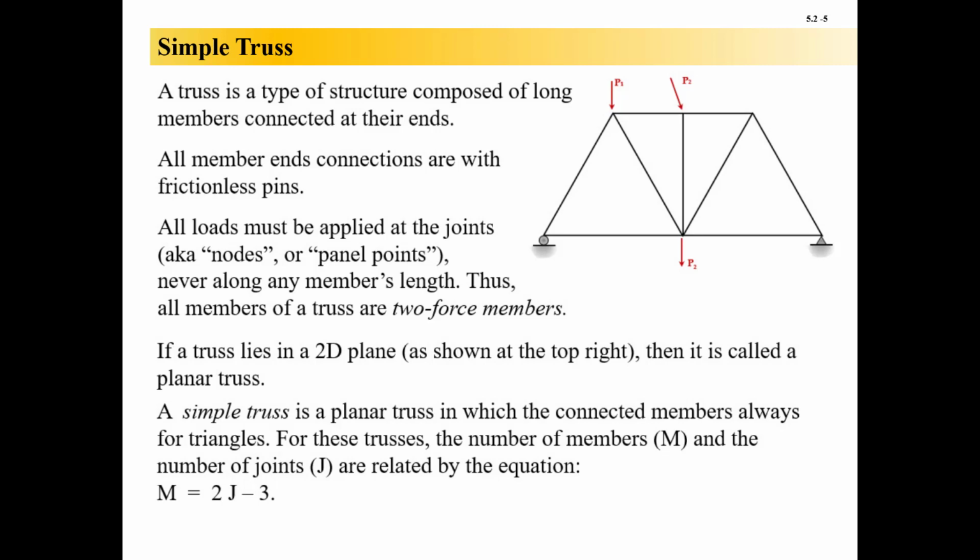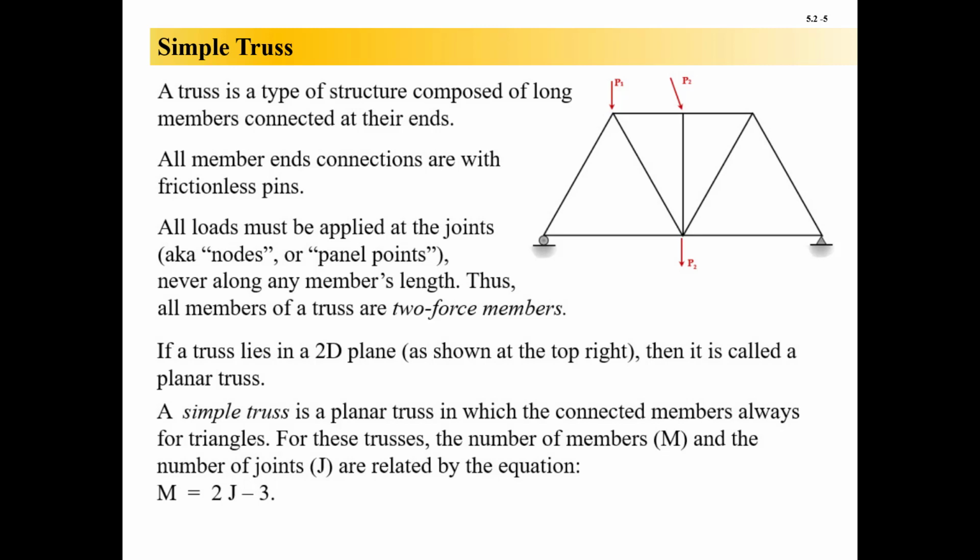So it's usually a decent assumption. But once we make these assumptions and we can reasonably apply them to a structure, we can say that it's a truss. The other thing that is big with trusses here is that they are always triangular elements.